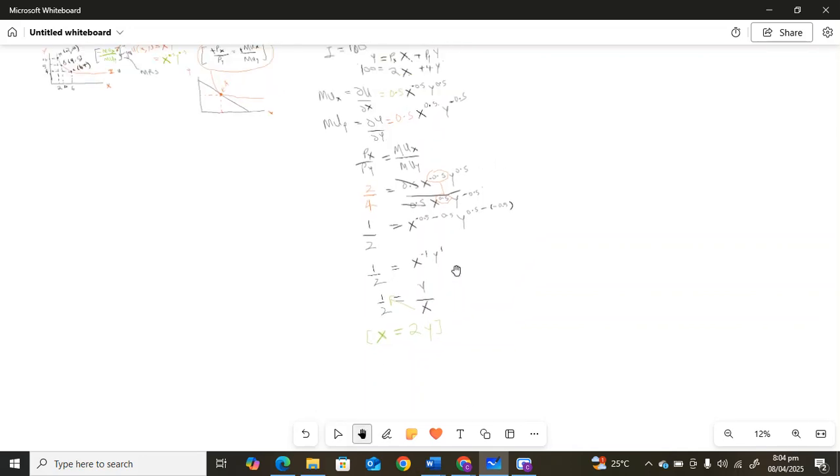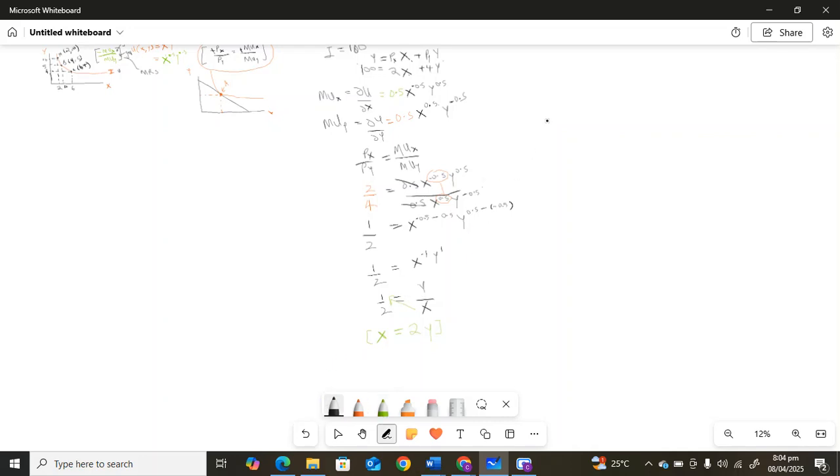That's why I replaced the qx and the qy, to avoid confusion there. Because remember, here we want to find out how many units of good x and good y this consumer should get so that their utility, their satisfaction, is maximized.